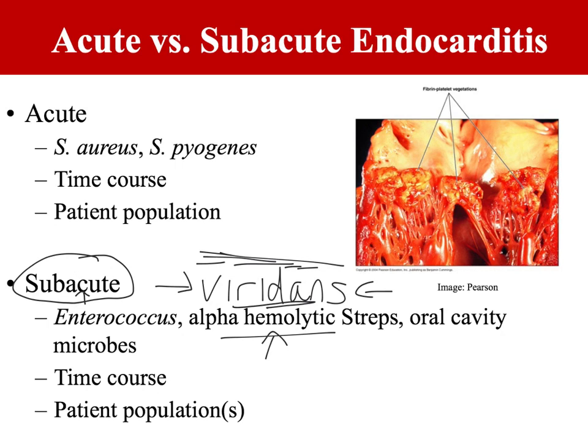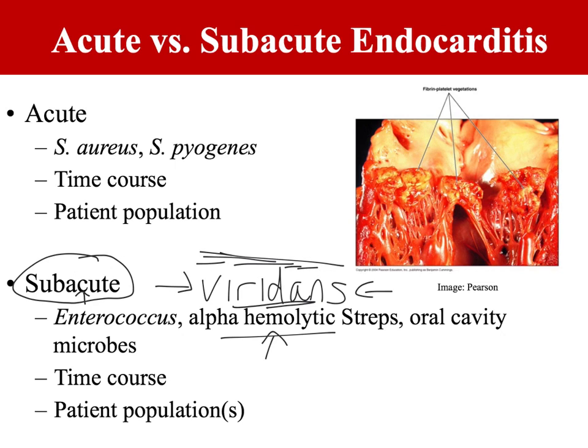Okay. So the time course for development of subacute endocarditis is weeks to months. So this is, again, a patient who's going to be dragging around for a while and maybe have a low-grade fever, but mostly have an influenza-like illness type of feeling.